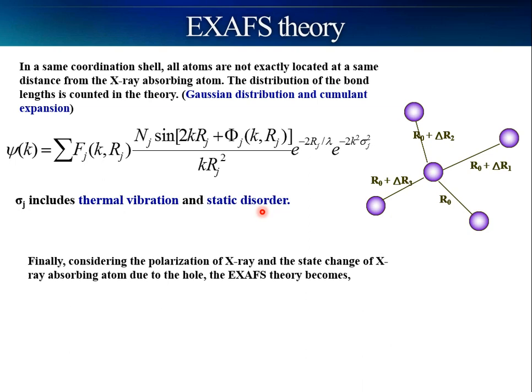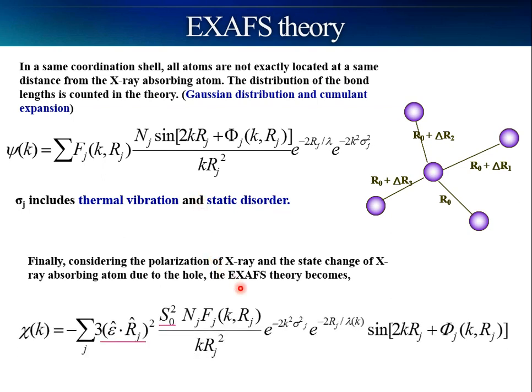Finally, the polarization of incident X-ray and the effect of the presence of a core hole are considered, so we can get the EXAFS theory like this equation. I would like to stress memorizing these equations when you learn and analyze.